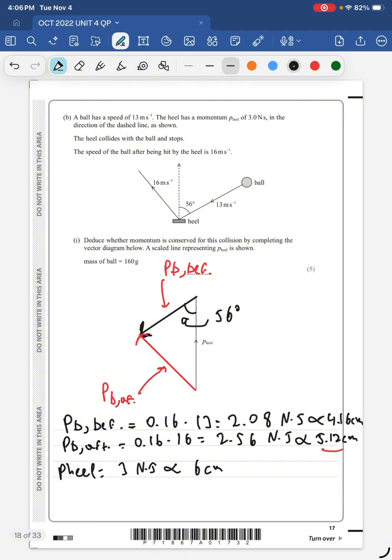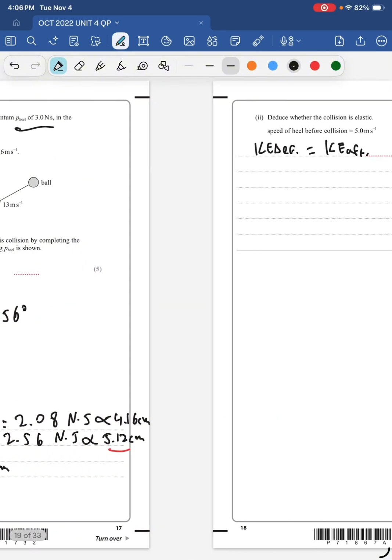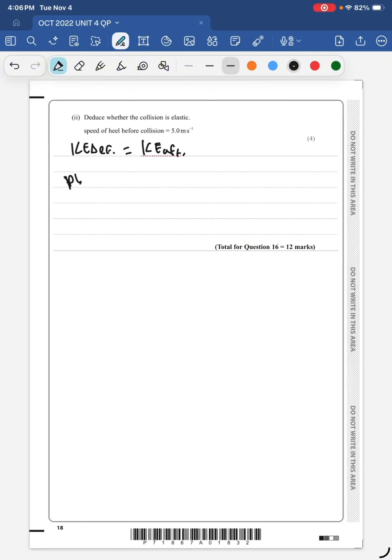And remember that they also give us the momentum of the heel. So P of the heel is equal to the mass of the heel times the velocity of the heel, right? So the mass of the heel is just 3, which is the momentum of the heel before, over the velocity, over 5, which is 0.6 kilograms.